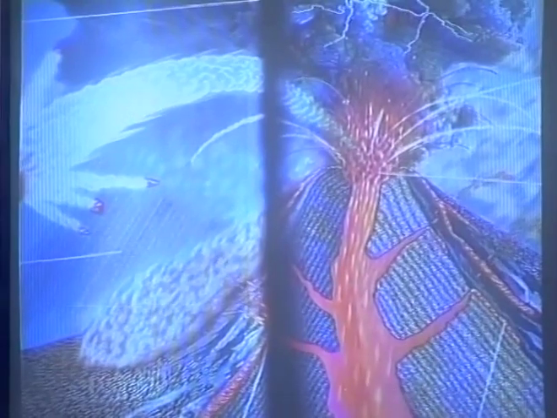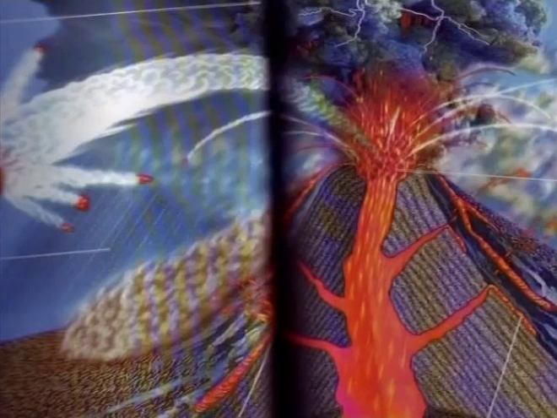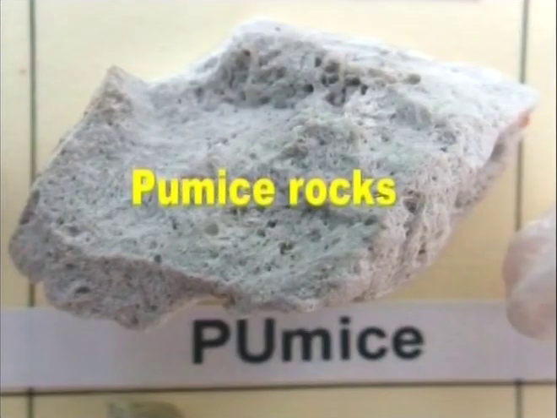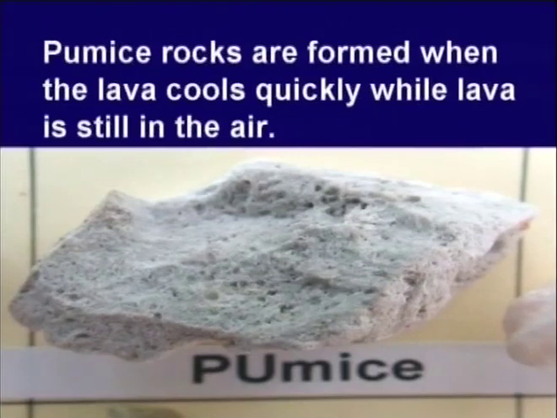Okay, these rocks, before they land on the surface of the earth, while they are still in the air, cool very, very quickly, quicker than the basalt rocks, and they form one of the rocks which is called pumice rock. Pumice rocks are formed when the lava cools quickly while it is still in the air.